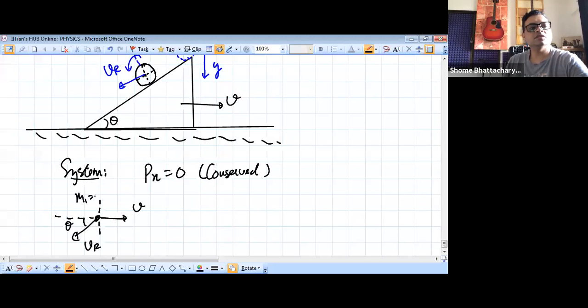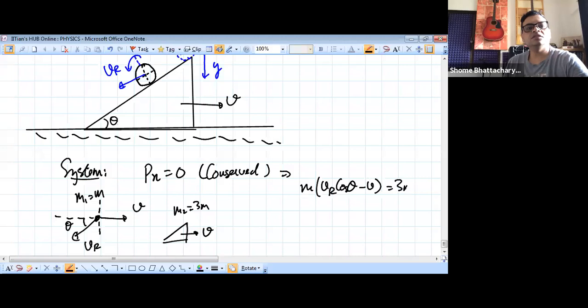This is the sphere which is of mass m, and this is the wedge which is of mass 3m. Okay. So this is giving us that m into (V relative cos theta minus V) is equal to 3m into V. So again it is telling us that V relative cos 37 is equal to 4V, or V relative is equal to V into 5/2.